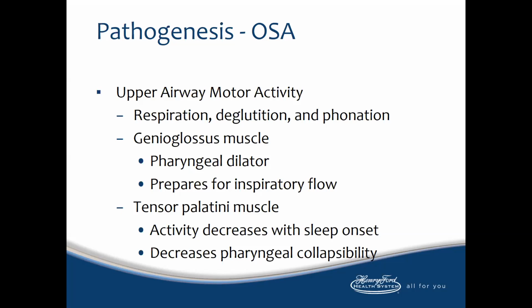That does help prepare for an inspiratory flow intake. It does help the tongue protrude a little bit forward. Your tensor palatini muscle, that activity always decreases somewhat with sleep onset. And when it's active, it decreases your collapsibility. So when it's firing, your pharyngeal airway is less flat, if that makes sense.